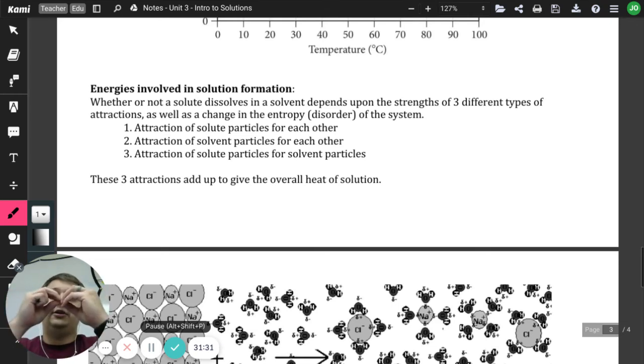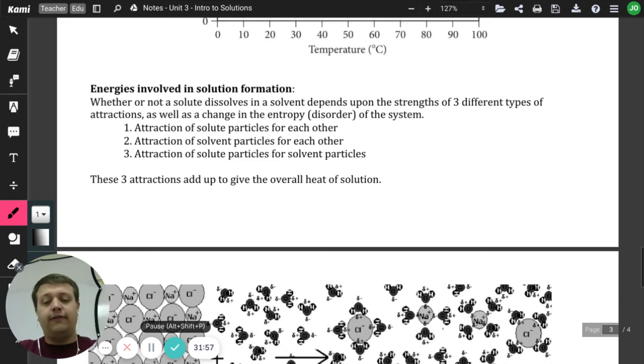So salt attracted to salt, rubbing alcohol attracted to rubbing alcohol. The next is the attraction of the solvent to the solvent. So water attracted to another water molecule. Okay? And the last is the attraction of the solute particles to the solvent particles.